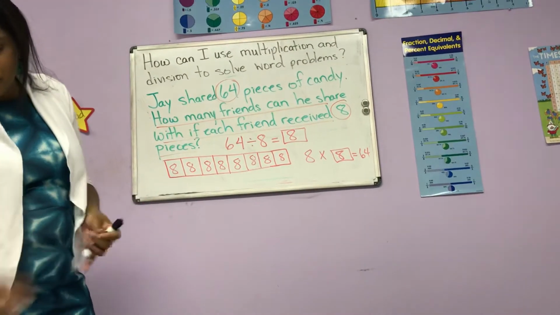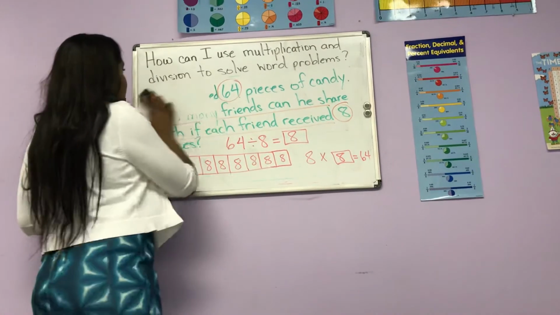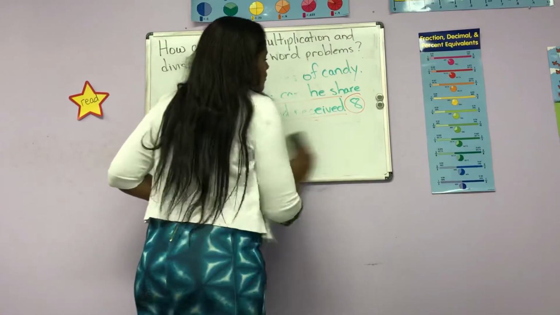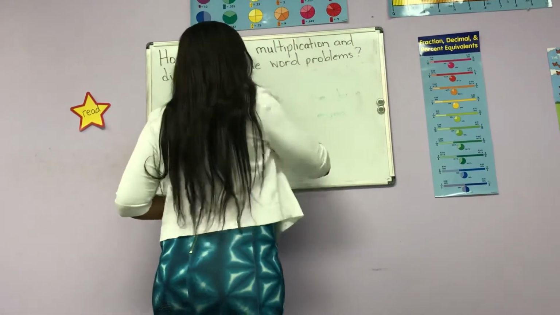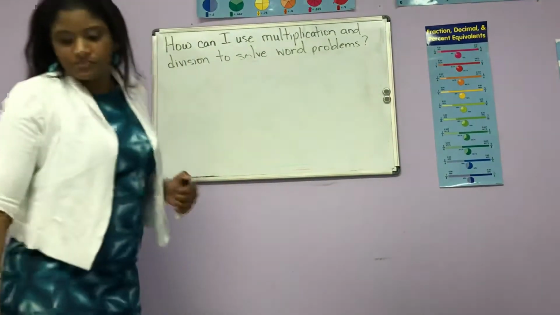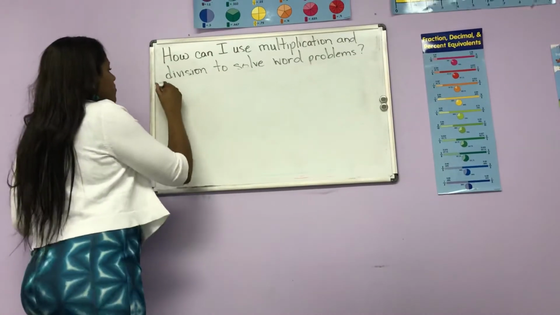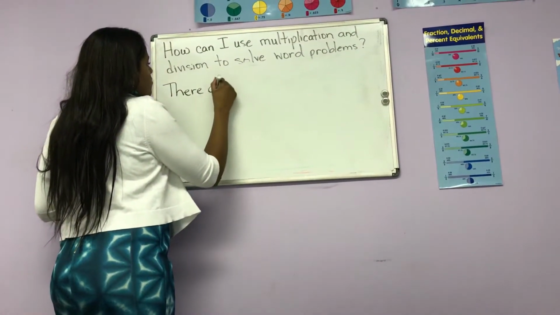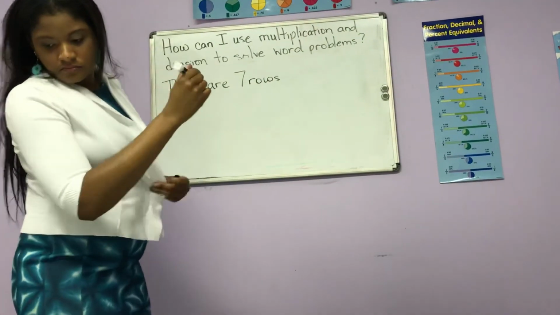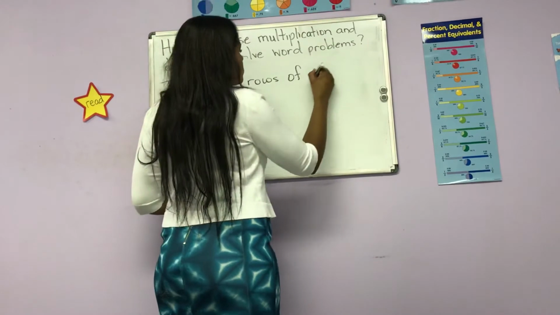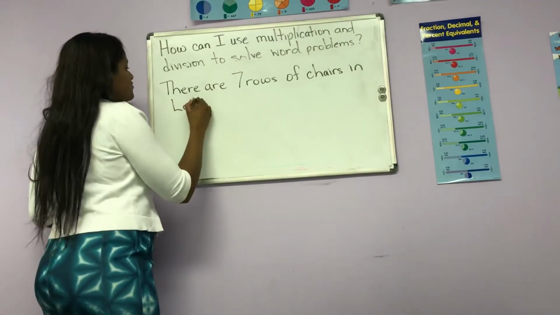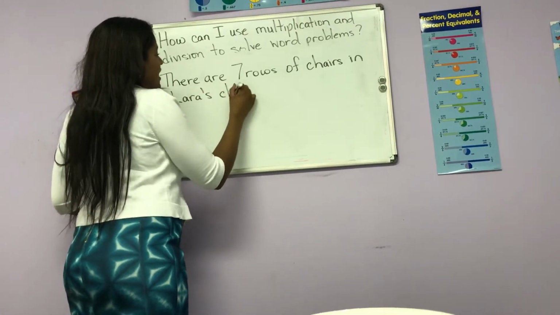All right, we will try one more. All right, it says there are 7 rows of chairs in Lara's class.